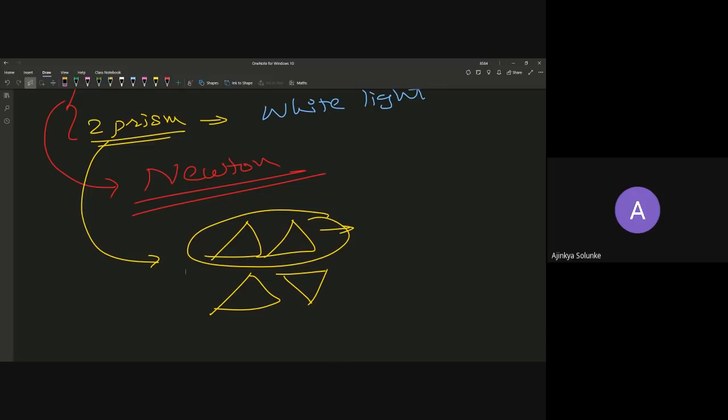The light will go where exactly? Inside the surface, inside the table, which we won't be able to study. Okay, good. So that is the reason. Yes, correct. That is the problem.